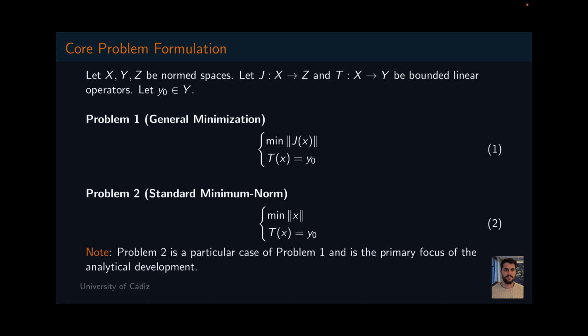Please note that problem 2 is the primary focus of our analytical development today. It strips away the unnecessary complexity. If we can solve problem 2, we essentially unlock the analytical solution to the much broader, more complex constrained optimization problems found in real-world physics.